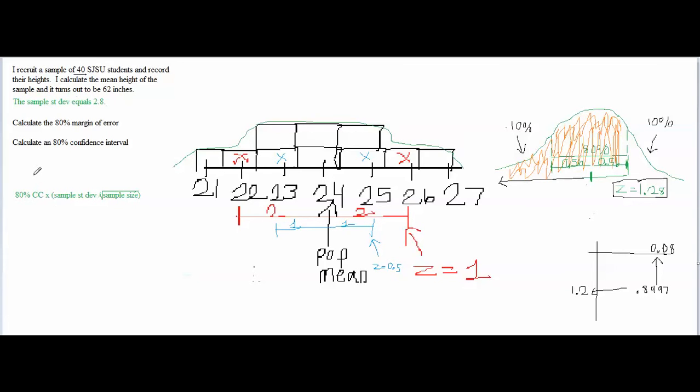So now we need our 80% confidence coefficient. Last time we used 1.28 from the z-table, and it turns out that if we're using a sample standard deviation in our formula for the margin of error instead of the population standard deviation, the confidence coefficient actually won't be the same.